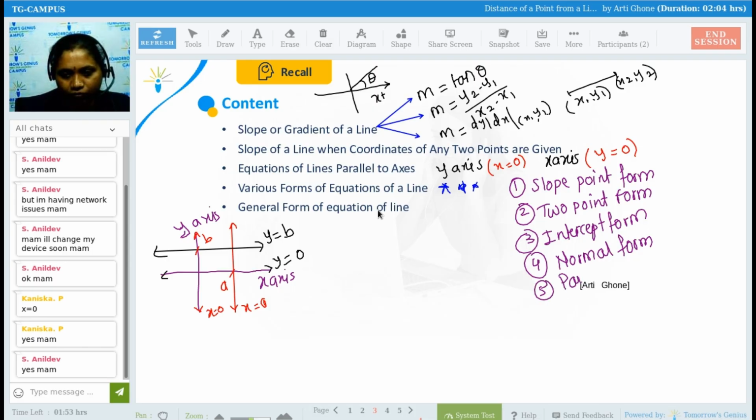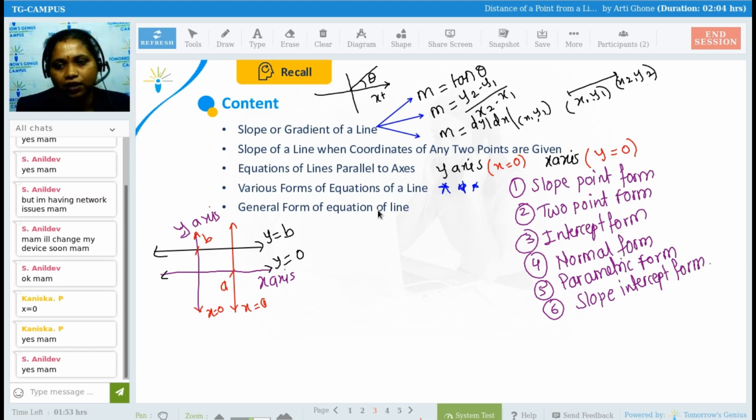Parametric form. And one more is missed, actually it is lying in between, the slope intercept form, after the slope point form. Okay, so these all are the patterns where we can form the equations of a straight line. We have different formulas for these.